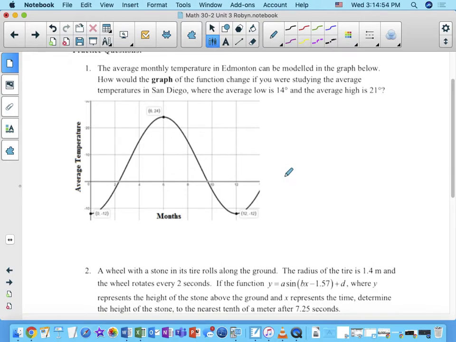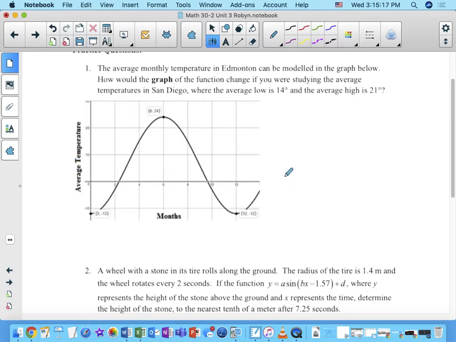This would be kind of like a compare question, okay? Tell me what would happen if we changed this situation, compare, so that we were now in a different city. Instead of being in Edmonton, we are now in San Diego, where the average low is 14, the average high is 21.